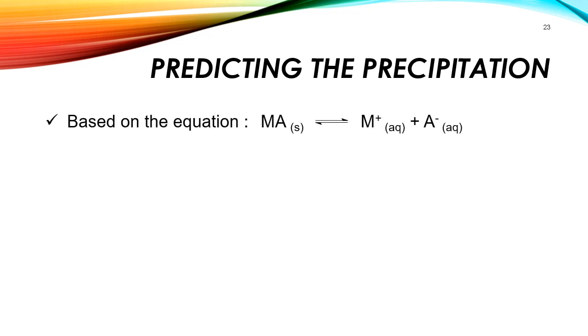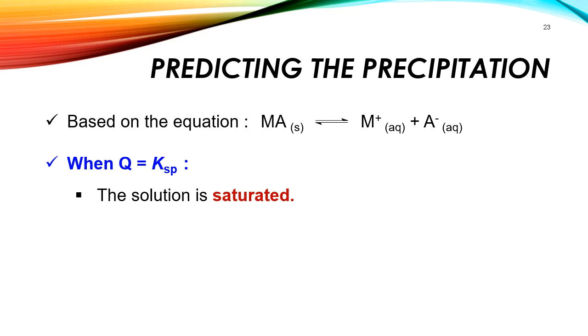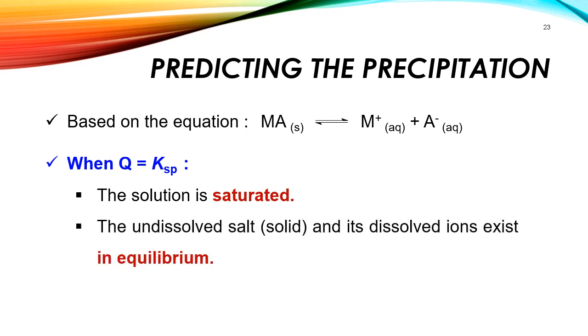Based on the equation of dissociation of a soluble salt MA that dissociates to form M plus aqueous ion and A minus ions, when the value of Q equals Ksp, that means the solution is a saturated solution. The undissolved salt or solid and its dissolved ions exist in equilibrium.